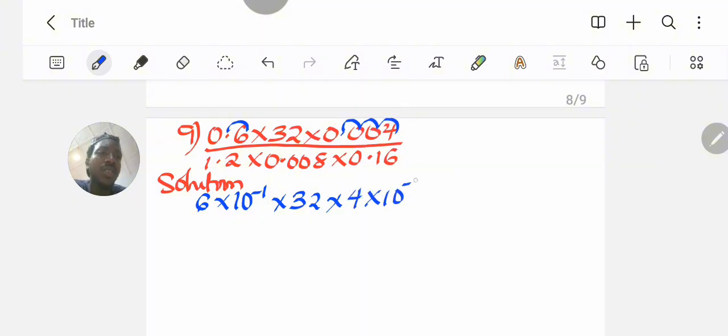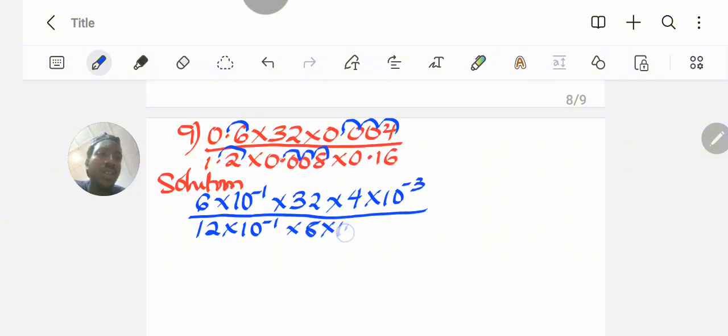So that's 4 times 10 raised to the power minus 3 all over 1.2. You move just once. That's 12 times 10 raised to the power minus 1 times, you move 1, 2, 3. That's 8 times 10 raised to the power minus 3 times, you move twice, 1, 2. That's 16 times 10 raised to the power minus 2.